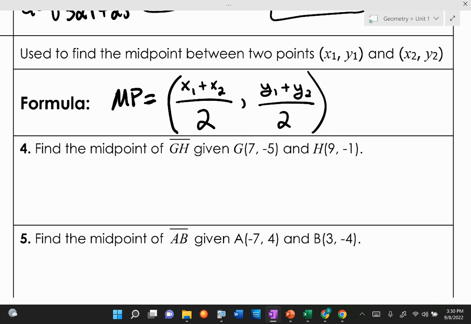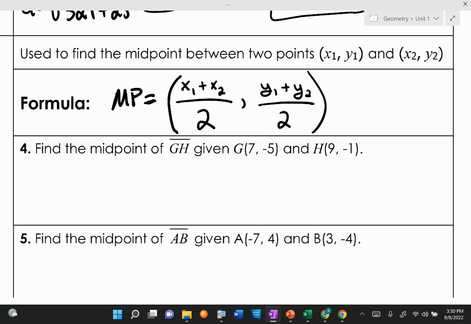Okay, here is the midpoint formula. Let me talk you through what this formula is, because when you're just looking at it, it seems a bit odd. You kind of have two separate formulas that you're using right here, one for X, one for Y. When you do the midpoint formula, your answer will be a point. So if we look down here at number 4, we're given 2 points.